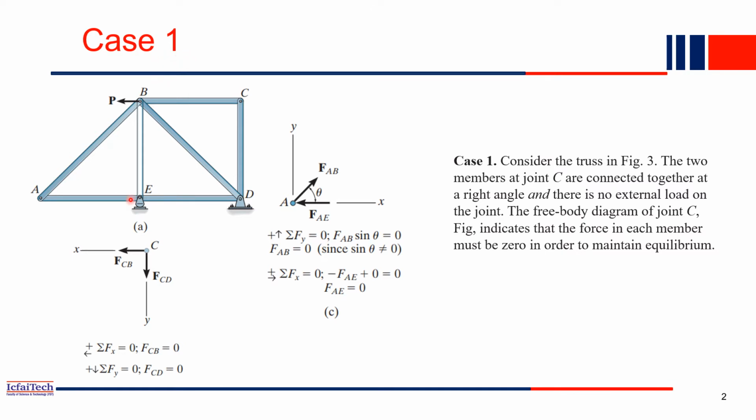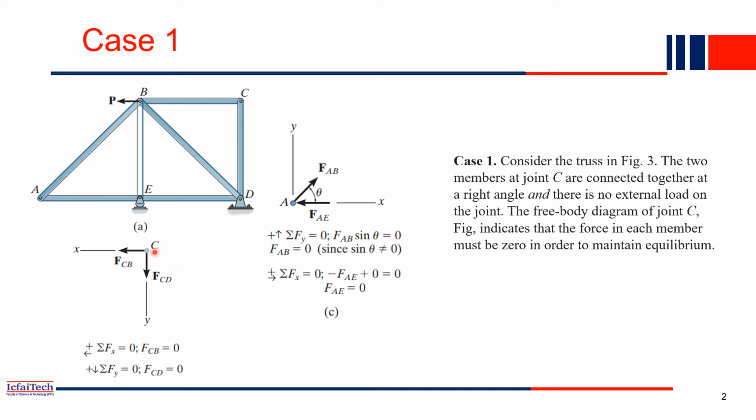Now let's see this first case. In this truss only one force is acting, at joint B. Joint C connects two members, BC and CD. But there is no external force at joint C. So if we start analyzing joint C based on our method of joints, this is the free body diagram for joint C.